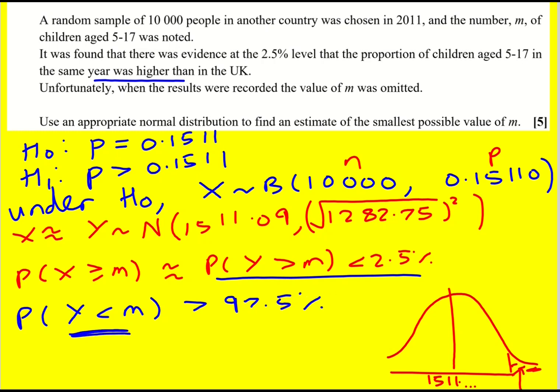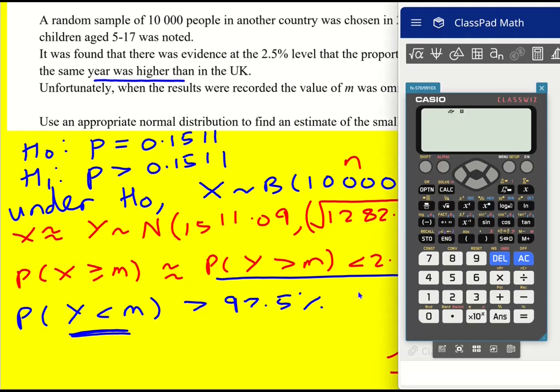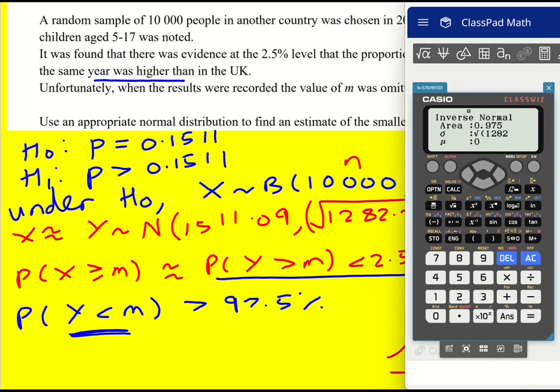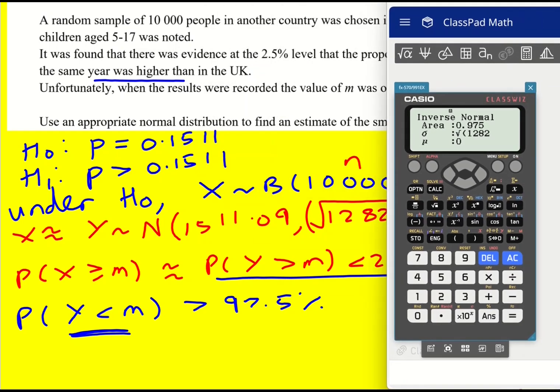And now that I've got it as Y less than M, I can use the inverse normal distribution. So our area is 0.975. The standard deviation was that square root of 1282.75.